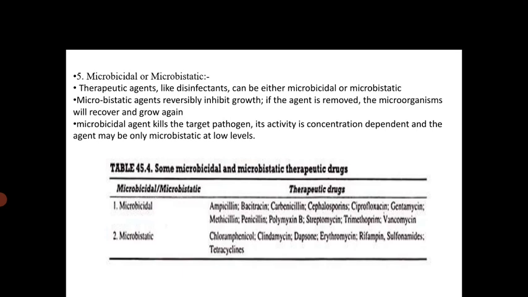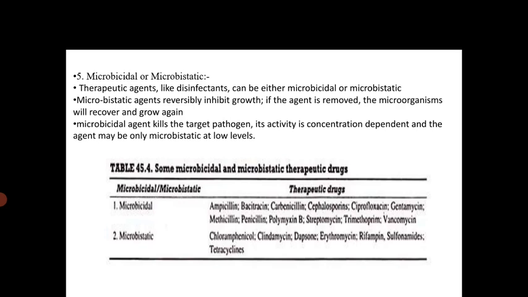Now microbistatic agents, they do not directly destroy the pathogen. But elimination of the infection depends on the host's own resistance mechanism. And a microbistatic agent may not be effective if the host resistance is too low.